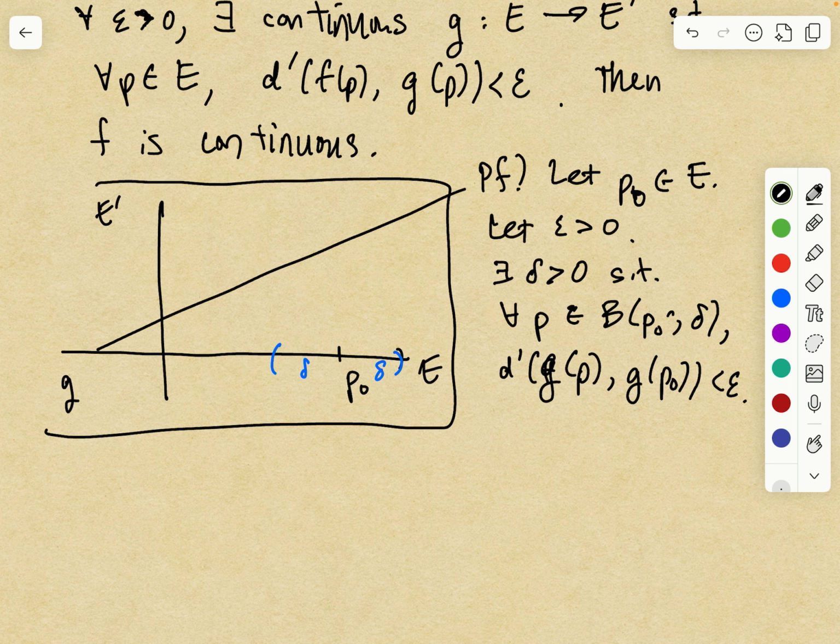Okay, so here's g. And then, so we're given epsilon. I should have drawn epsilon first. Well, here's g of p naught. Okay, here. And we're given this epsilon.